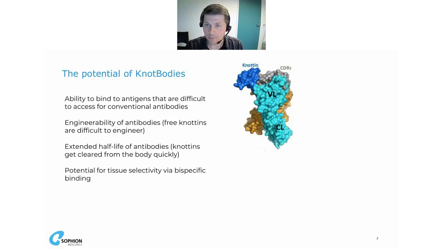In short, what can be achieved through notbodies is the ability to bind difficult ion channel targets. The larger size gives more degrees of freedom, more room for improvement, and they have the enhanced in vivo properties of the antibody. And in addition, they hold the potential for tissue selectivity via a specific binding.